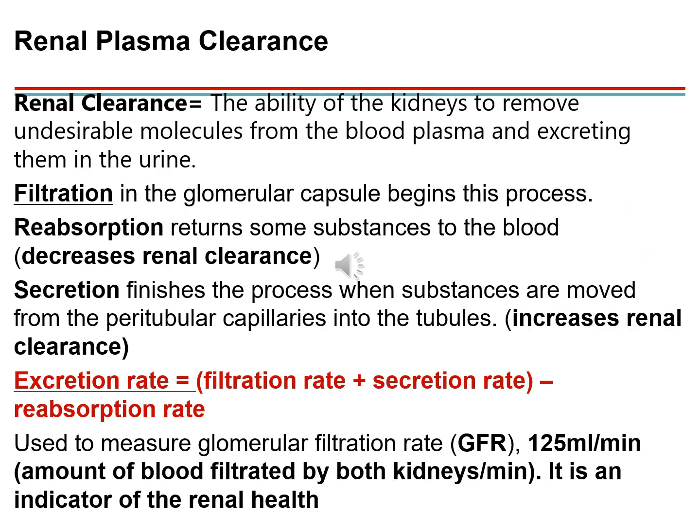Finally, it is time to talk about the renal plasma clearance. What is the definition of the renal clearance? Clearance is the ability of the kidneys to remove undesirable molecules from the blood plasma and excrete them in the urine. This is what the renal clearance is.